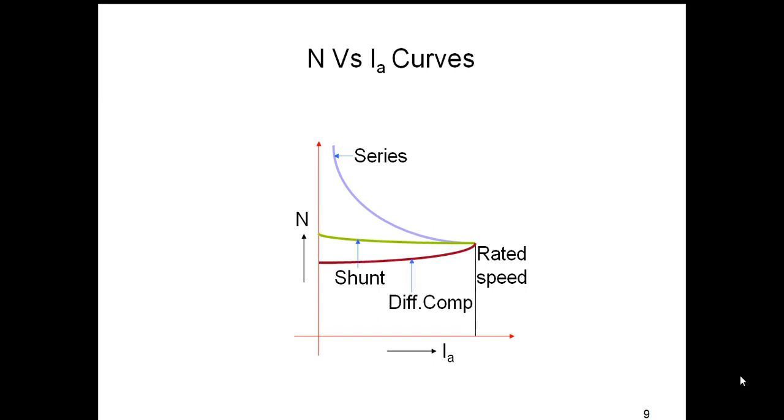For a differential compound motor, the characteristics will be as shown with the red line, and the blue line indicates the characteristic curves of a cumulative compound motor.